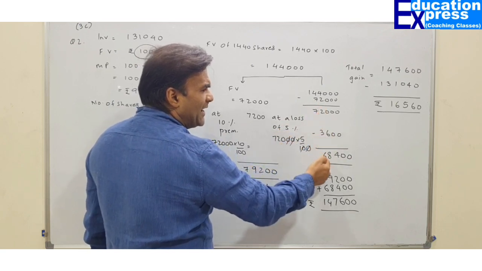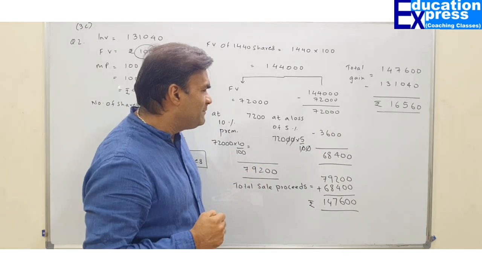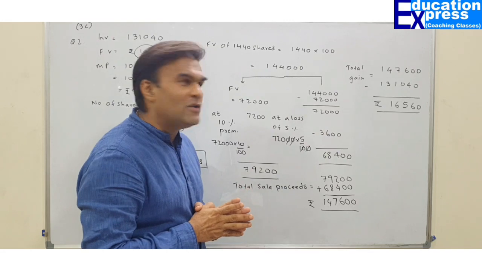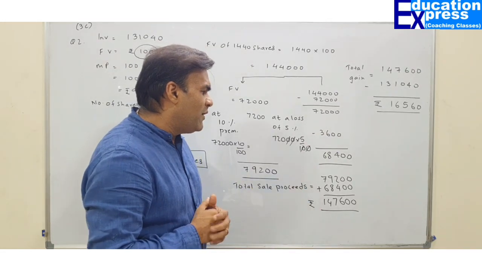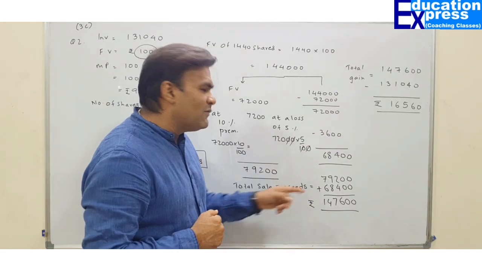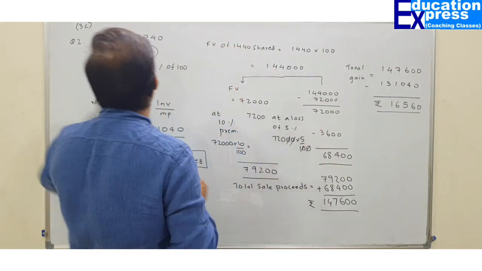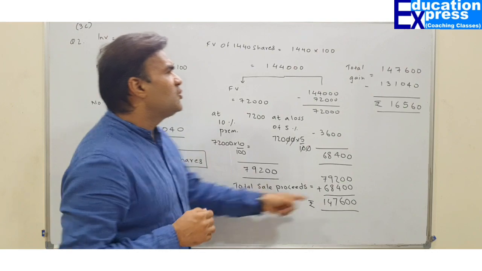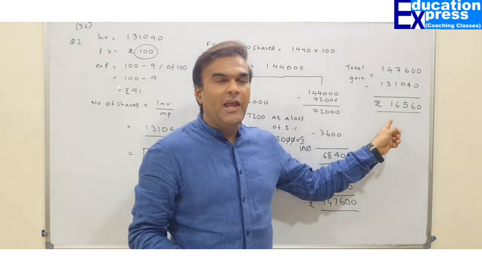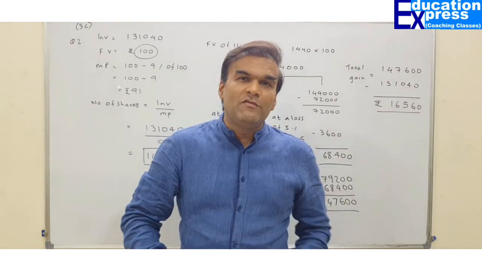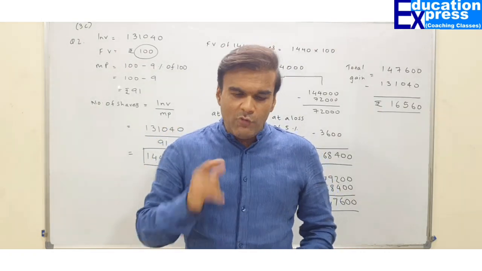When I subtract, I get 68,400. So my total sales would be 79,200 plus 68,400. That means my total sales is 1,47,600, of which my cost is 1,31,040. So my net gain would be 16,560. Let us move on to question number 4.